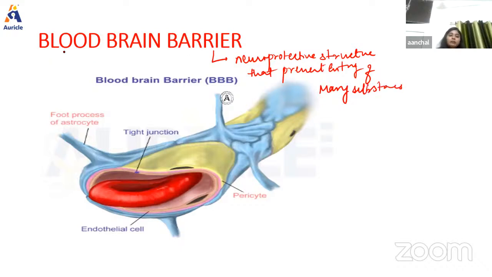Basically, the blood-brain barrier is present to identify which substances can pass through it and which cannot. Just for example, I will give you a list of those substances which can pass through.